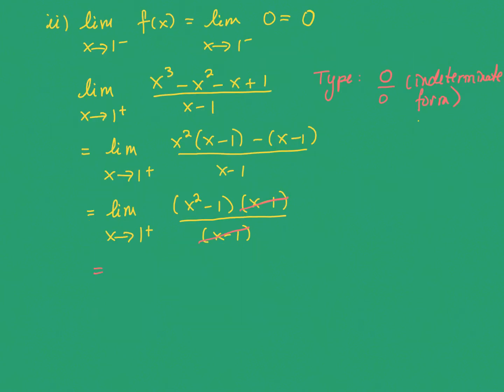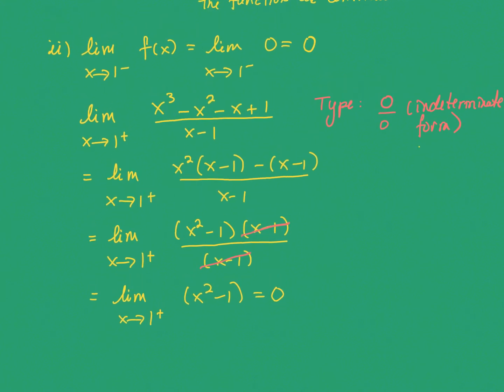So I get that this is the limit as x tends to 1 from the right of x squared minus 1, and that's just a polynomial, so I can just plug in 1 and I get 1 minus 1, which is 0.